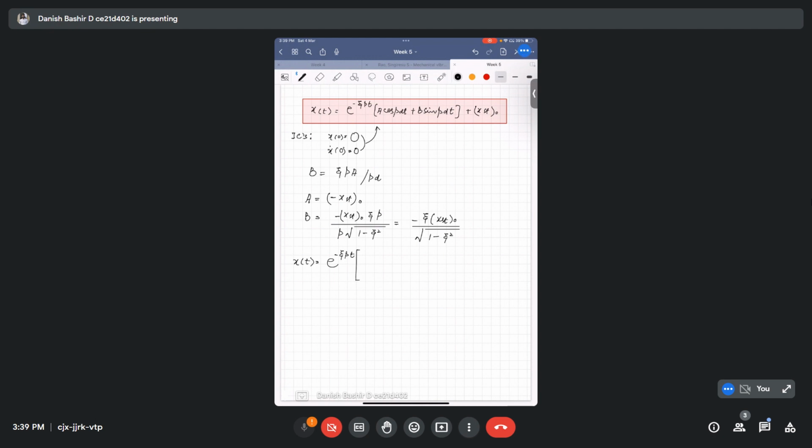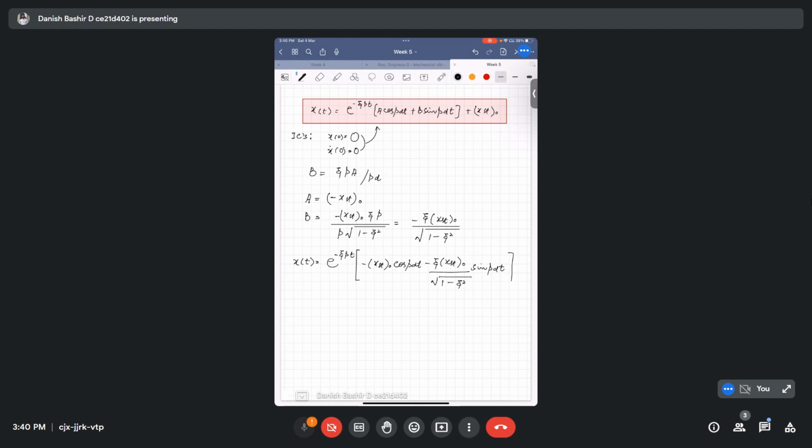Here a is minus x static naught cos pdt, plus b, which is minus theta x static naught divided by root under 1 minus theta square, times sin pdt.